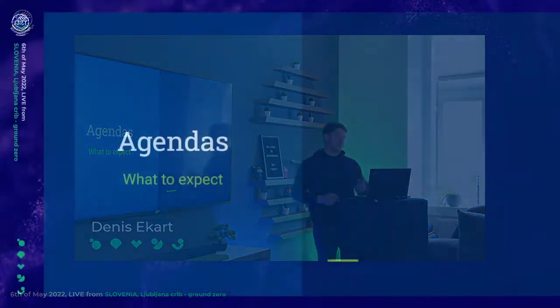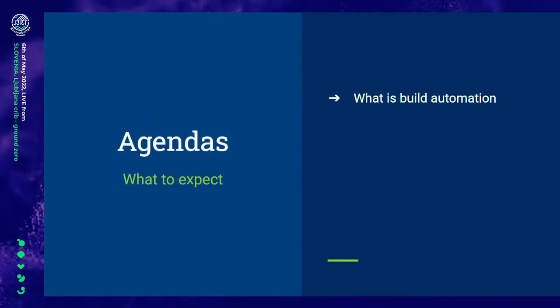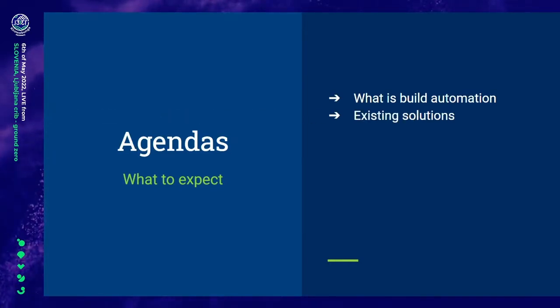So here's the plan. I'll try to introduce you to build automation as a general concept. We'll look at some steps that are actually part of a build, and we will probably get an idea of why build automation is even worth having a speech about. We'll glance over some existing build automation solutions and see how they differ from one another.